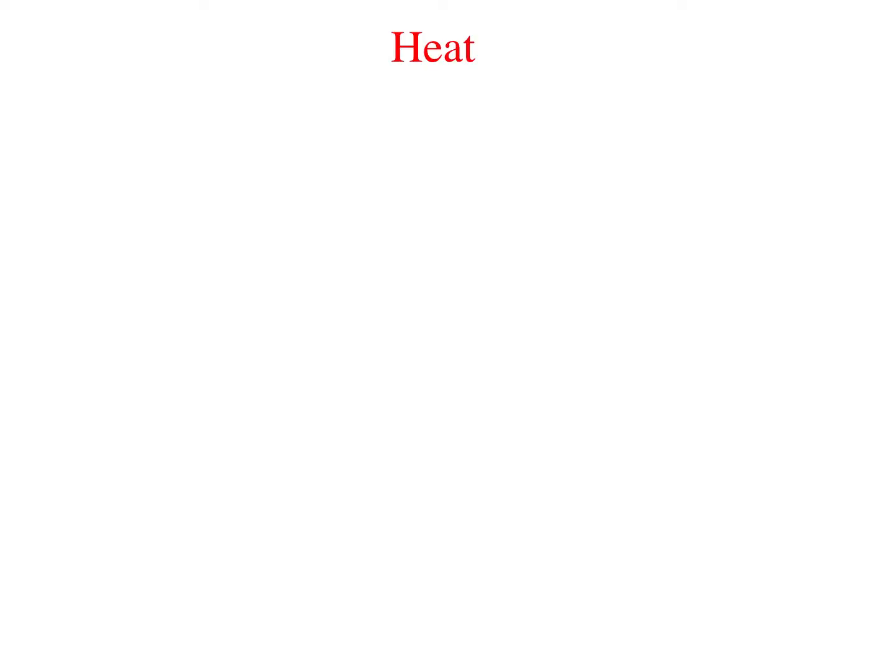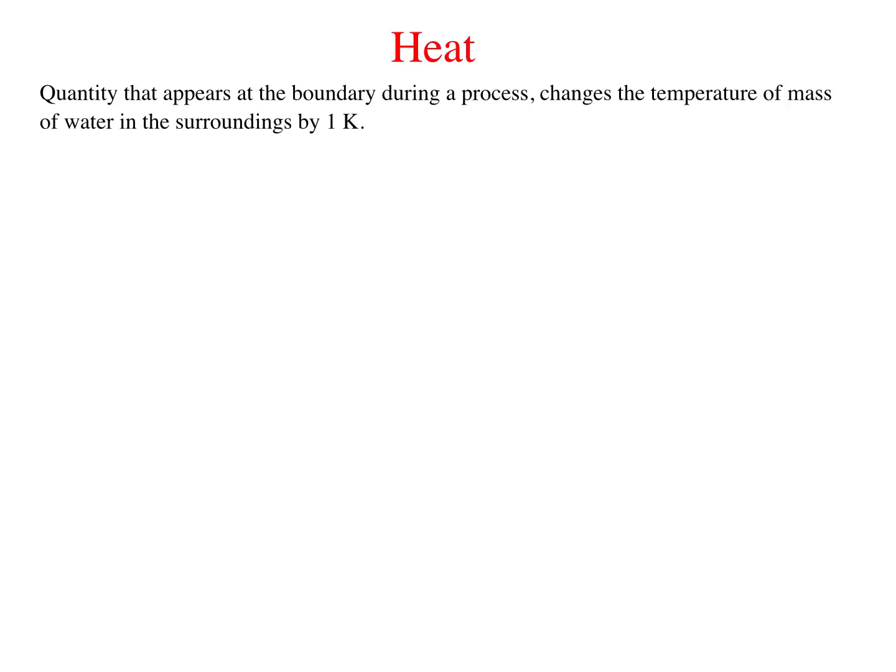And so we will ask the question, how do we define heat? We define heat by the following statement. It's a quantity that appears at the boundary of a system during a process. And the heat that appears at the boundary is then absorbed by a mass of water, and its temperature is increased by 1 Kelvin.